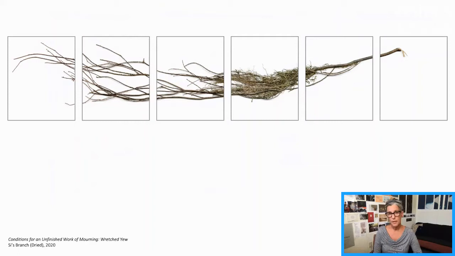And I brought this branch back to my home studio and looked at it again and again, recording it a bit differently each time. And in this instance, I used a flatbed scanner, a method that really reproduces the branch with almost three-dimensional detail, but it's still a process that is unable to contain this object with any kind of singularity.